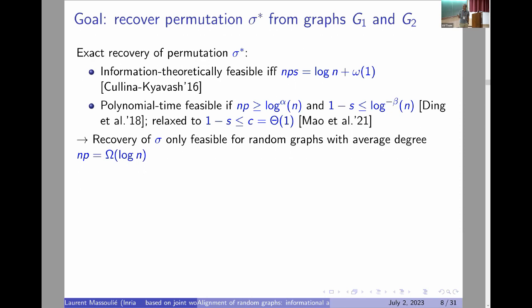And also what you can see at once from the first result I'm mentioning is that full recovery of sigma star is feasible only if the average degree in your graphs is order at least log n, so an order diverging with n, so you cannot deal with sparse graphs, okay?